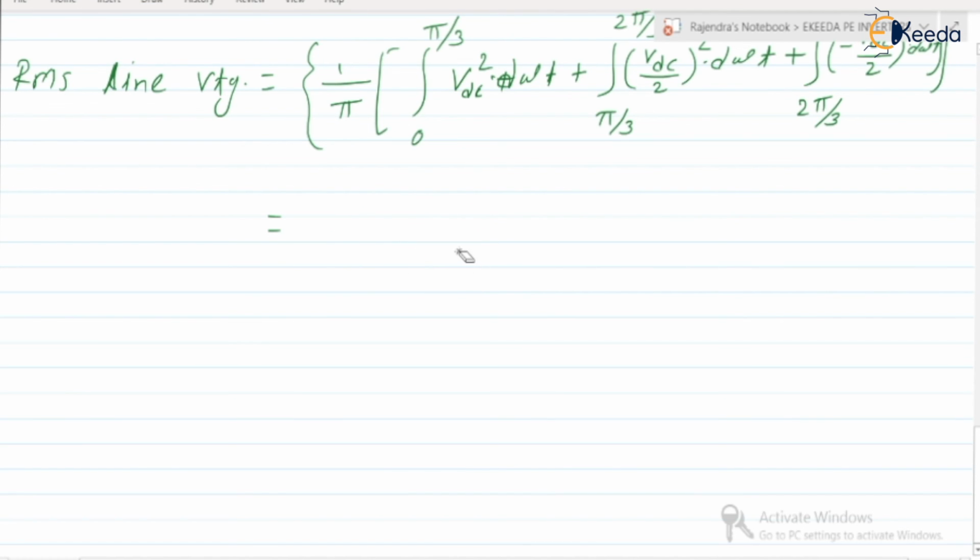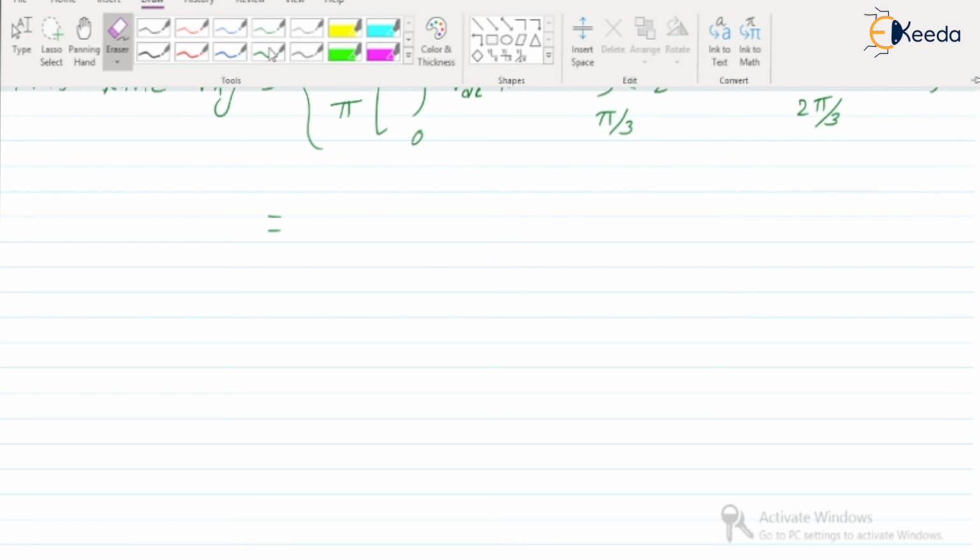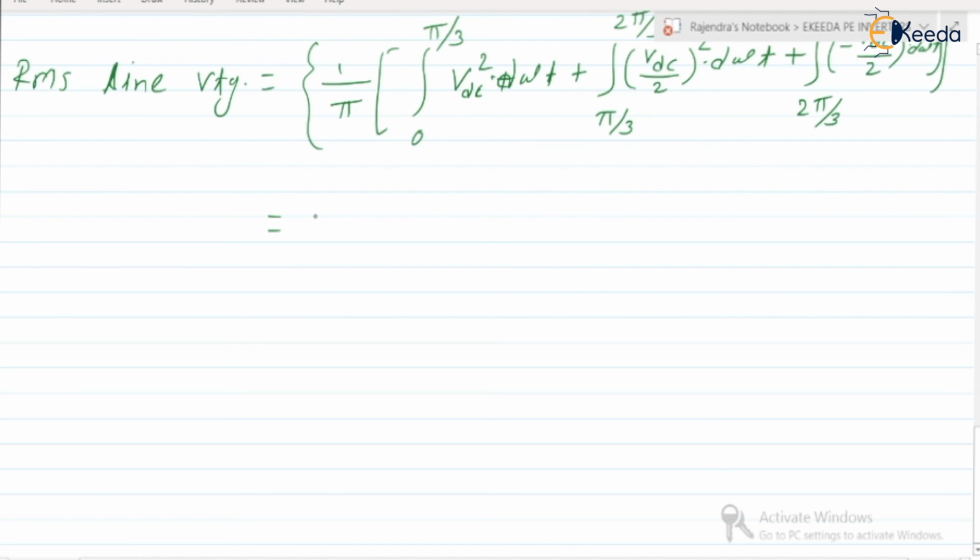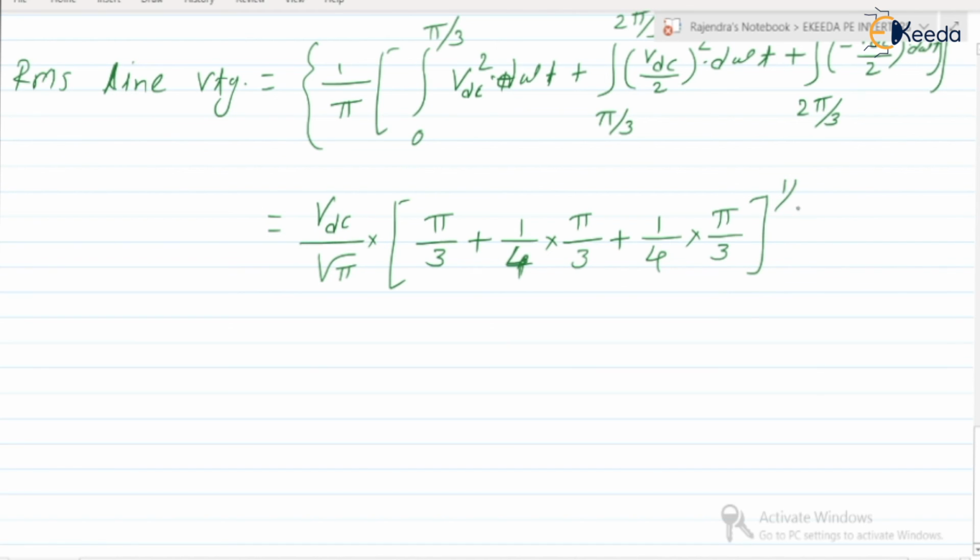If we take VDC outside, it is VDC by root pi into 1 into d omega t, so it is pi by 3. After putting the limit, we get plus VDC squared outside, 1 by 2 squared, so it is 1 by 4 into pi by 3, plus again 1 by 4 into pi by 3 only, to the power 1 by 2.